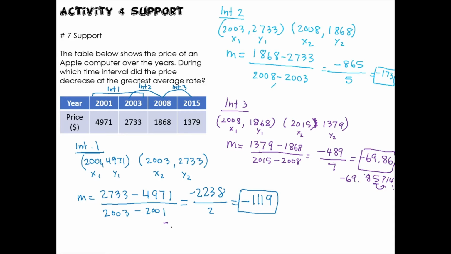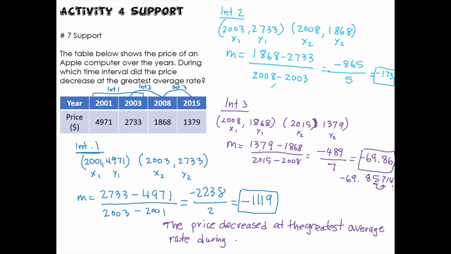So we would say, the price decreased at the greatest average rate during, and notice that I'm using a lot of those words that you see in that question.